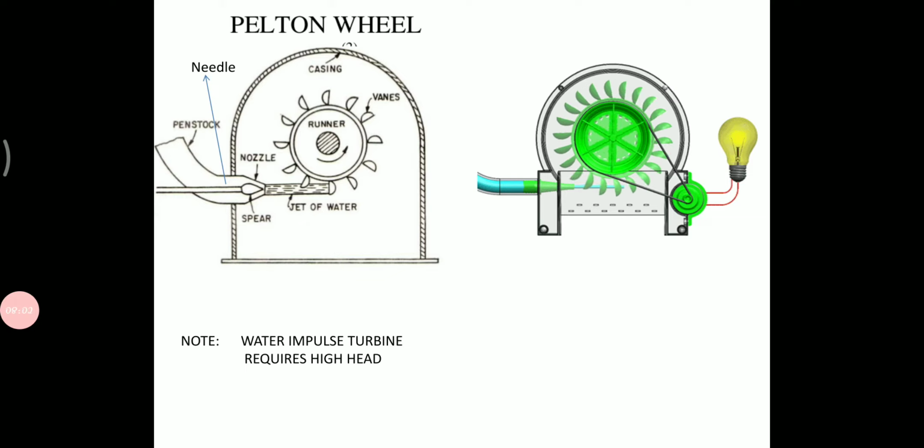Any type of turbine like this doesn't consume any water; it only utilizes the kinetic and potential energies or the pressure energies of the water to rotate the turbine without wasting any water. Further, the water can be used for irrigation, drinking, domestic, any kind of purpose. We are only utilizing the potential and kinetic energy of the water to generate the power. This is the working principle of the Pelton wheel. The explanation will be given in my notes, just go through it.